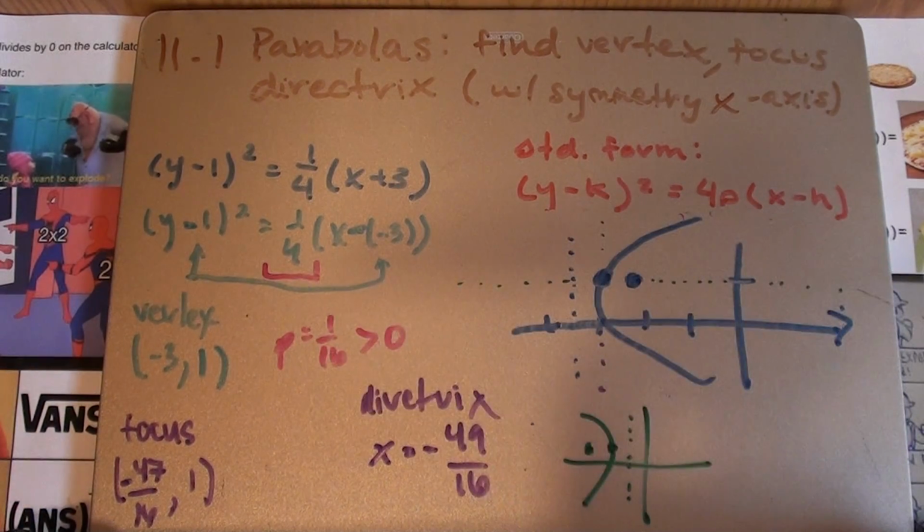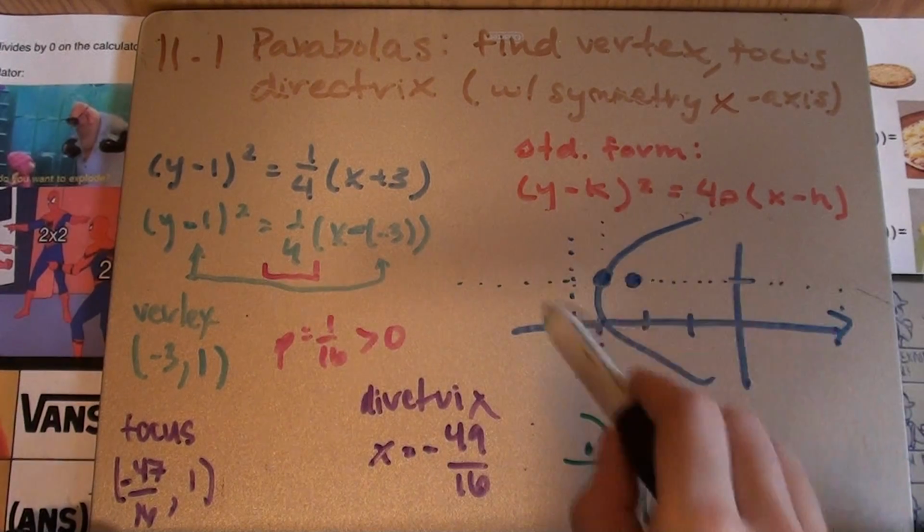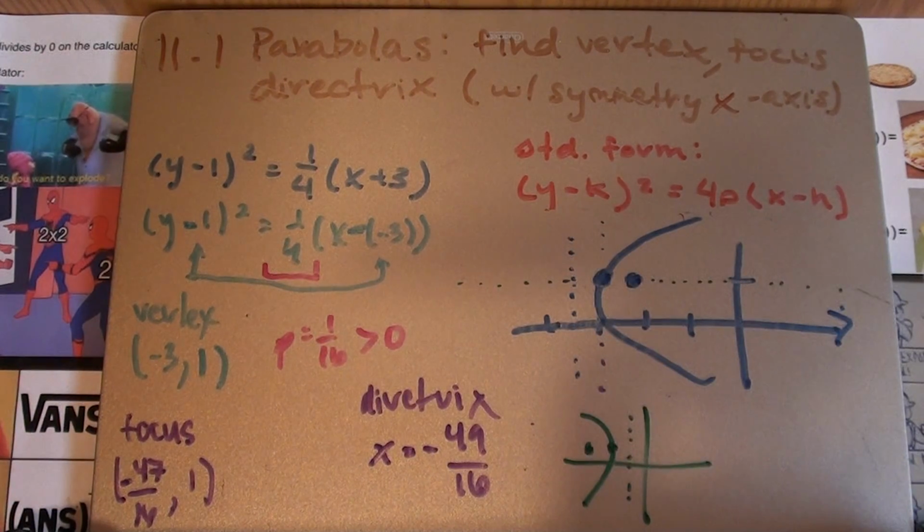So working in steps like this, we can easily find our focus and directrix once we know our axis of symmetry, our vertex, our p-value, and which way our parabola will be opening. So that was how we found our vertex, focus, and directrix with our parabola that has the axis of symmetry along our x-axis.